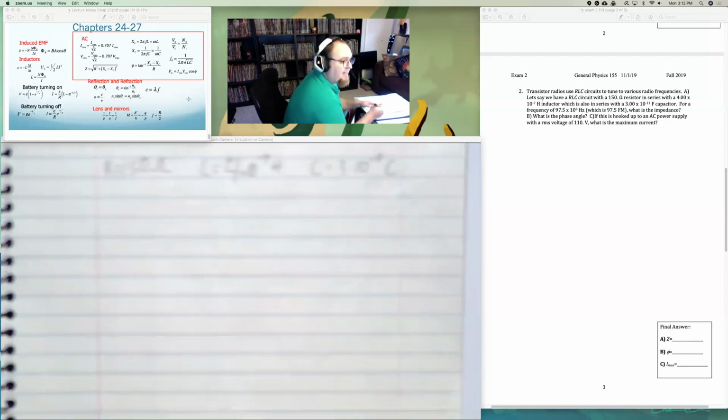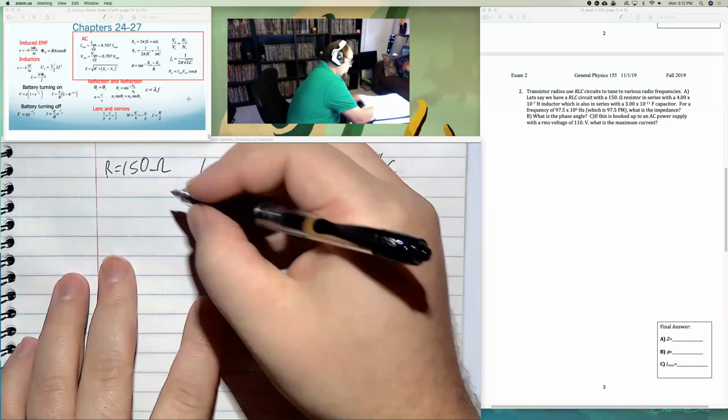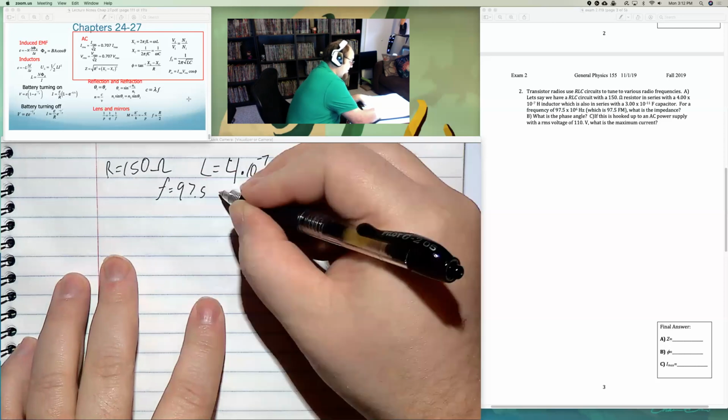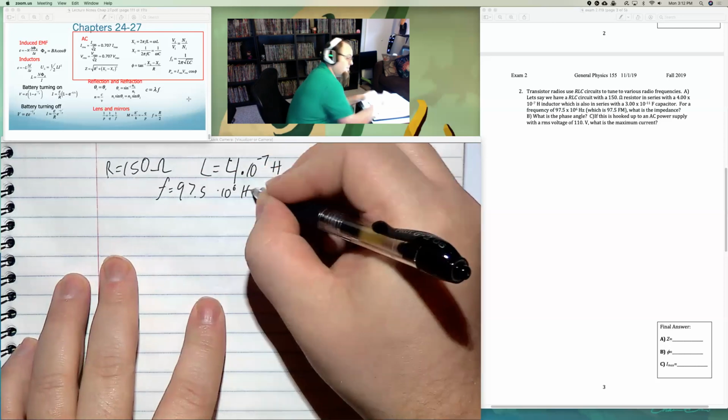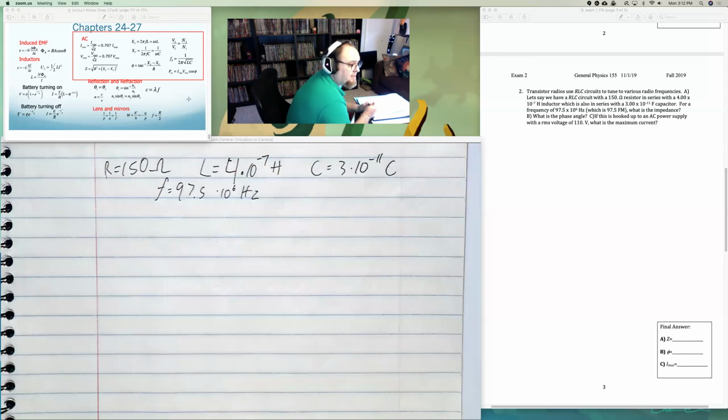For a frequency of 97.5 FM, which is 97.5 times 10 to the 6 hertz, what is the impedance?